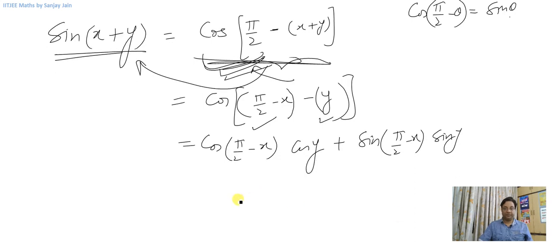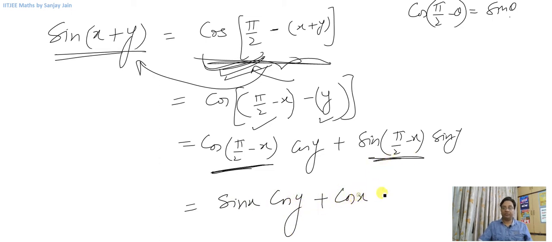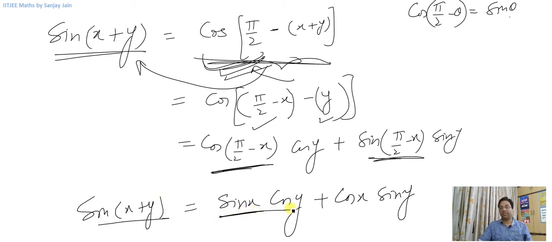Now you see, what is this? This is nothing but sin x, so I can write it as sin x cos y, plus this is nothing but cos x sin y. So I have obtained this formula for sine of x plus y using just a simple transformation, that is equal to sin x cos y plus cos x sin y.